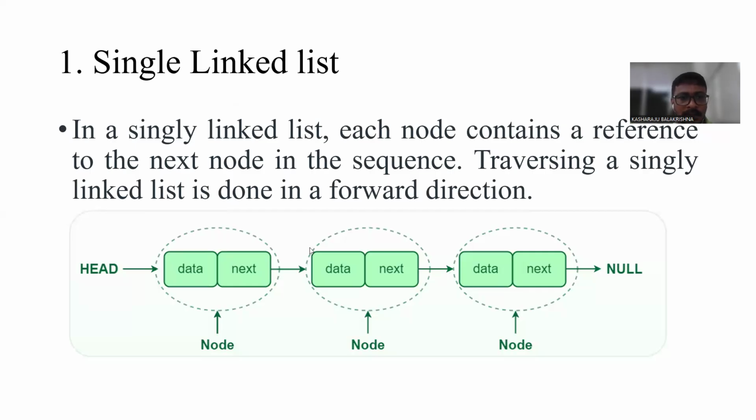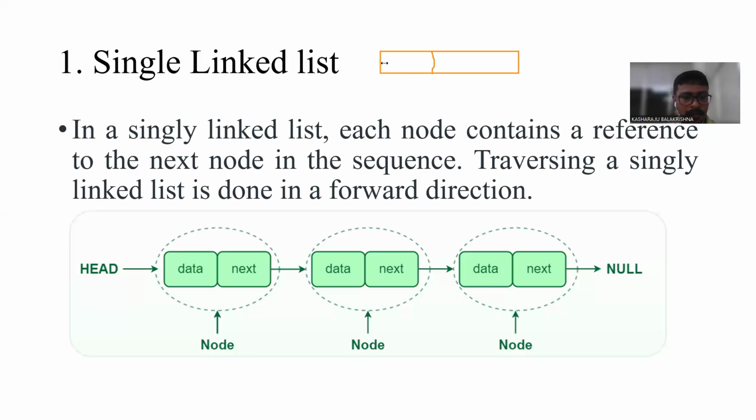What it means here, so here I'm taking this is one node. So a node contains a data part as well as the next node address. So this is a node.